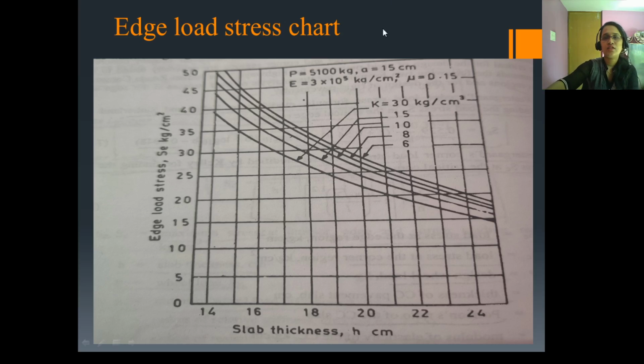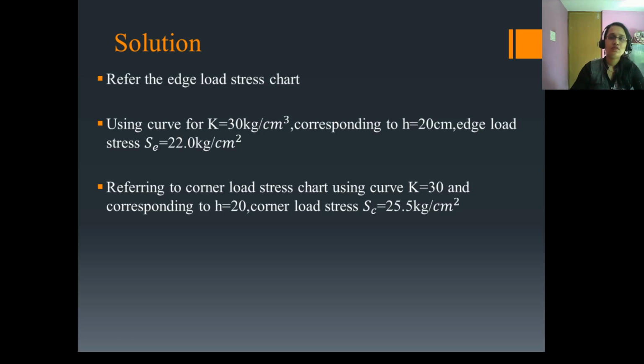So this is an edge load stress chart. With the help of this chart we can find the edge load stresses. In the problem we already know the K value. So we need to refer to the edge load stress chart. Using the curve K equals 30 kg per centimeter cube and corresponding to H equals 20 centimeters, this 20 centimeters is already given to us in the problem.